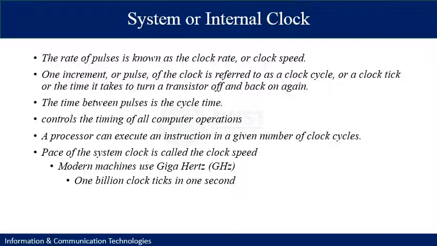The time between the pulses is the cycle time. It controls the timing of all computer operations, and a processor can execute an instruction in a given number of clock cycles. The machine clock cycle or the machine internal clock is the pace of the system clock, and it is called the clock speed. Modern machines use gigahertz processors, or 1 billion clock ticks in 1 second.